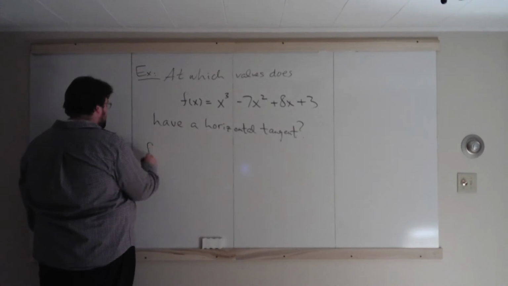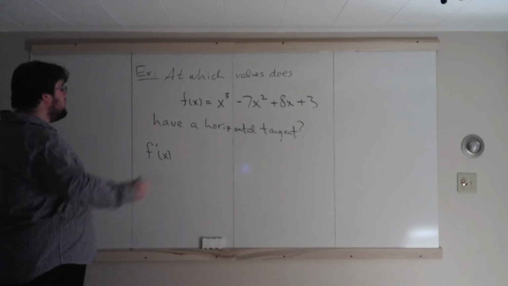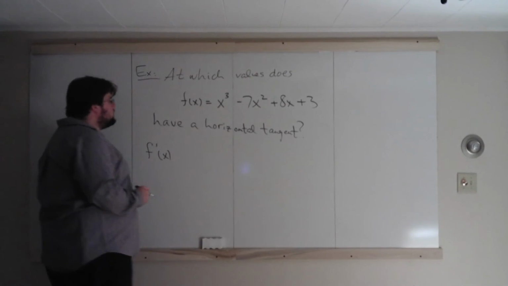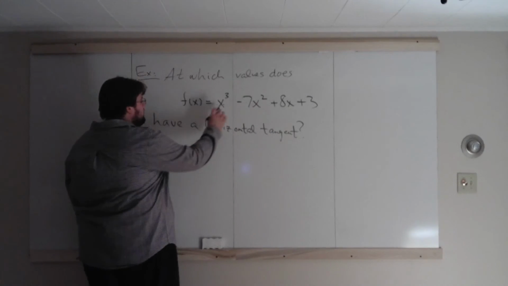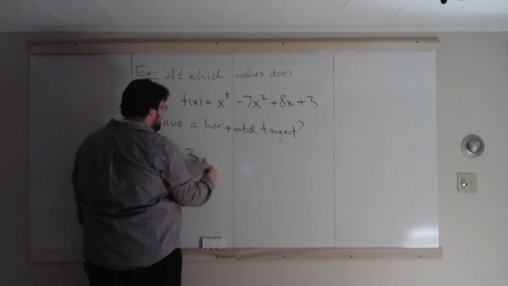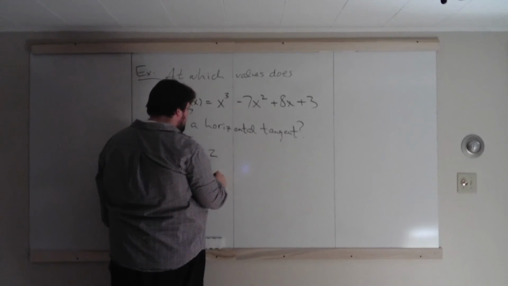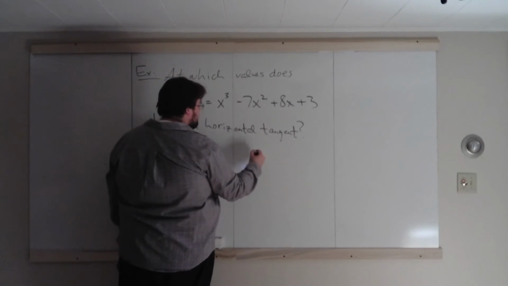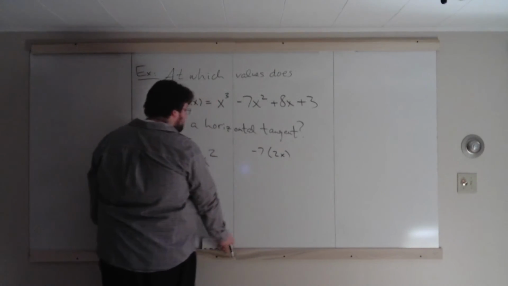So let's do that. To find where the derivative is 0, we would first need the derivative. What's the derivative here? We have a bunch of power rules. Derivative of x cubed, 3x squared. Derivative of negative 7x squared: the negative 7 carries through, times the derivative of x squared, which is 2x to the first.